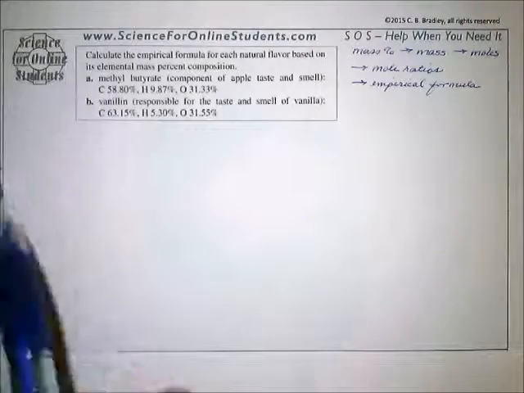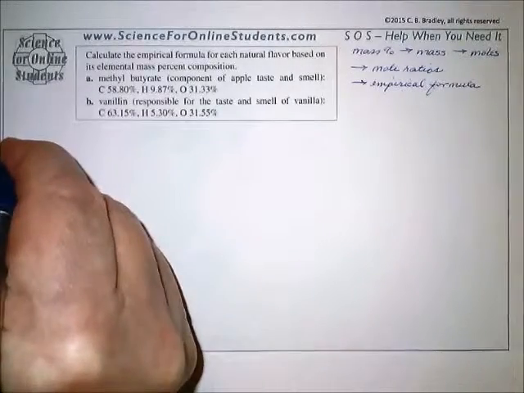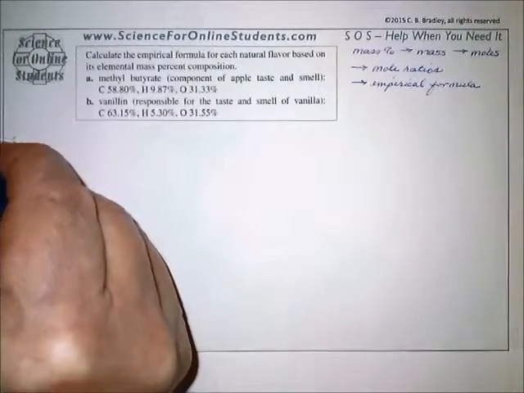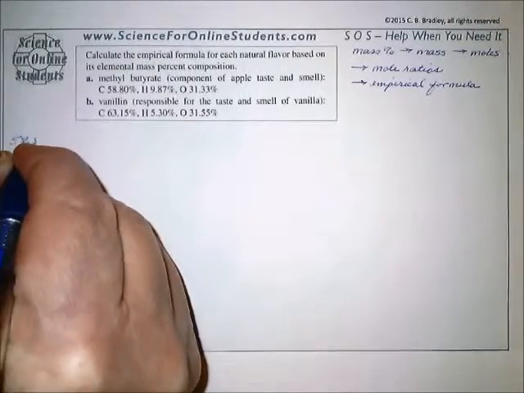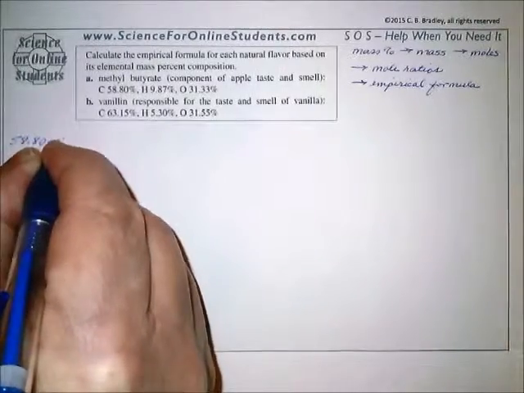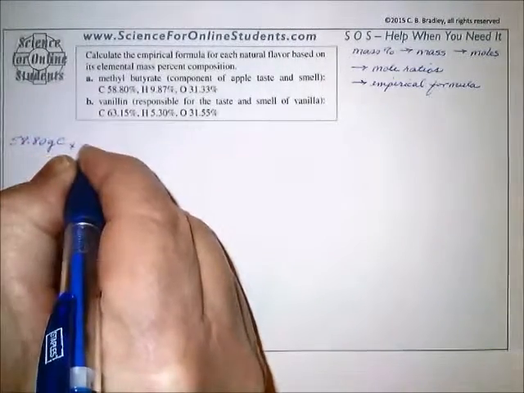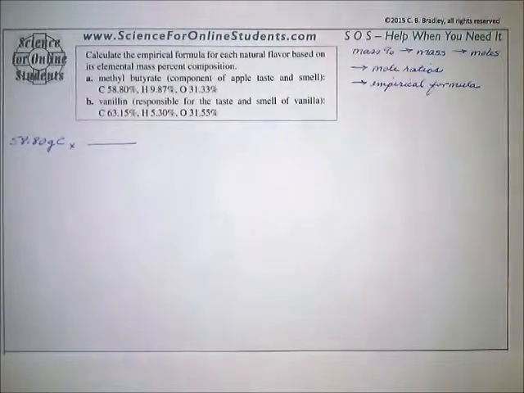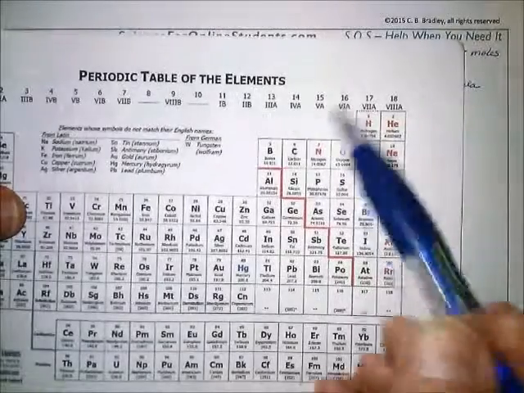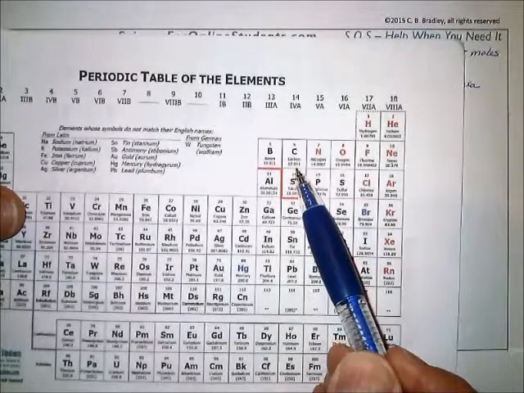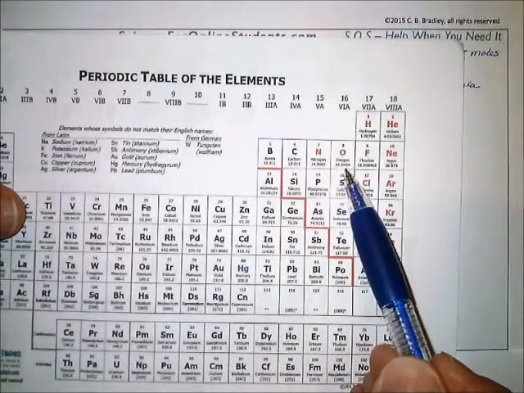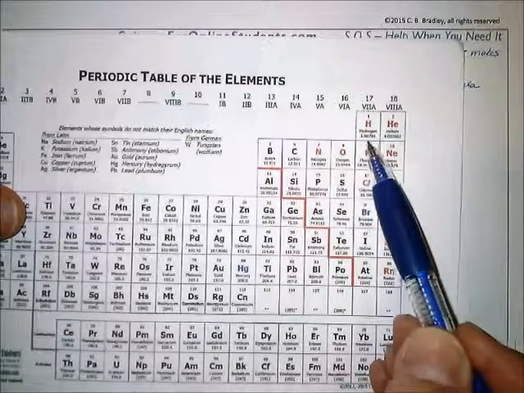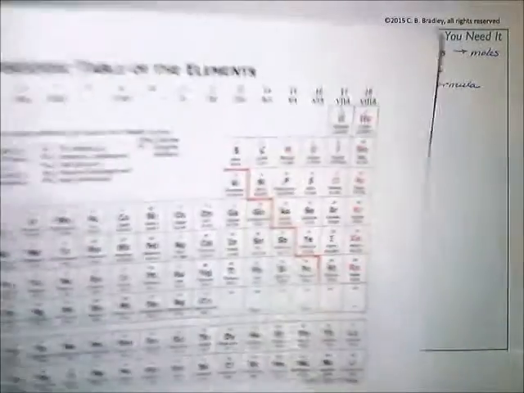So for carbon, we have 58.80. We convert that to moles. The atomic mass of carbon is 12.011. Oxygen is 15.999. Hydrogen is 1.008.